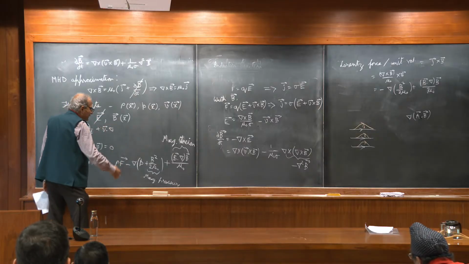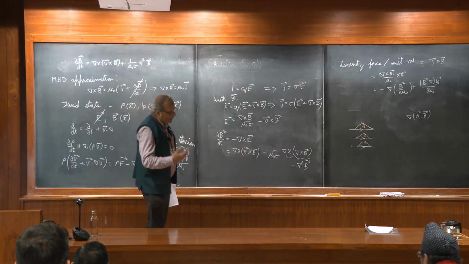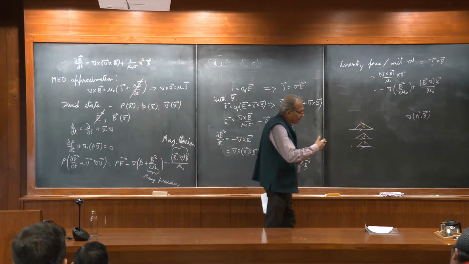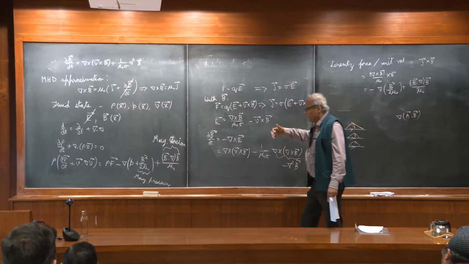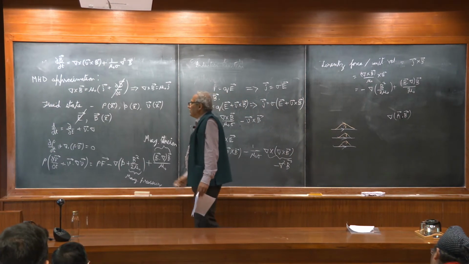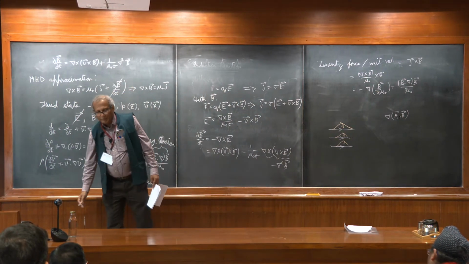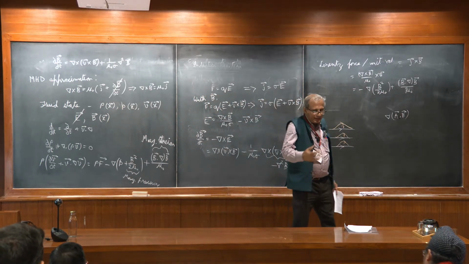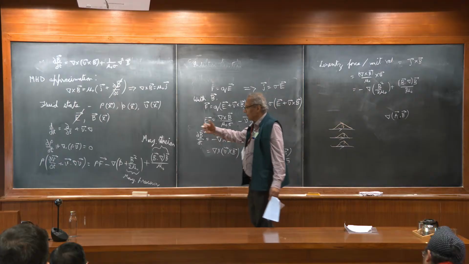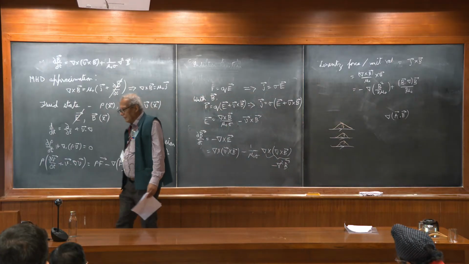So if the initial state of the plasma is given, then you can figure out after some time what would be the state. So it seems like this is a completely deterministic problem. If we have an initial state, then by solving these deterministic equations, we can find the final state.